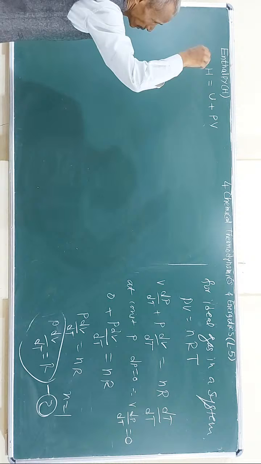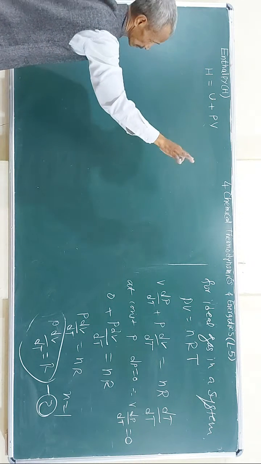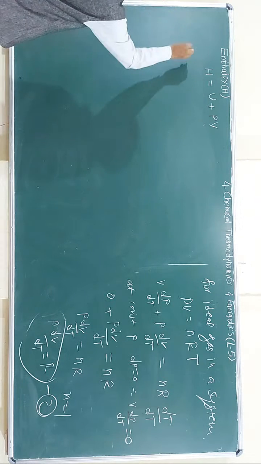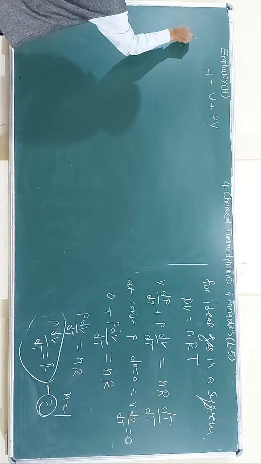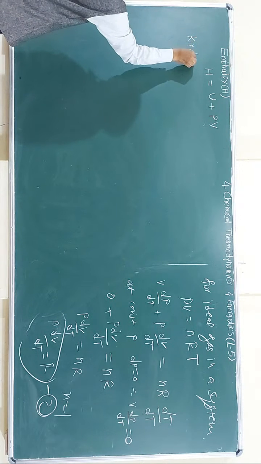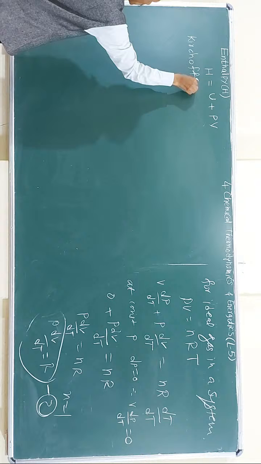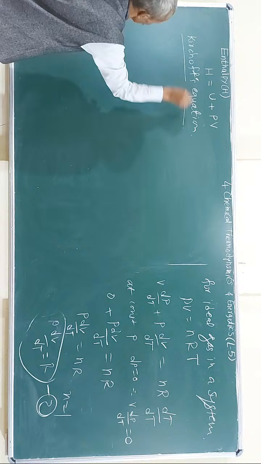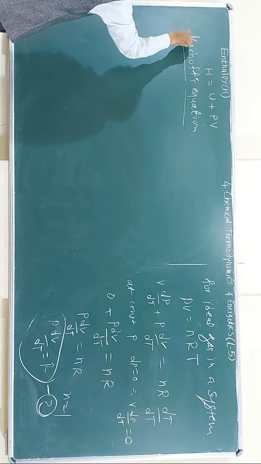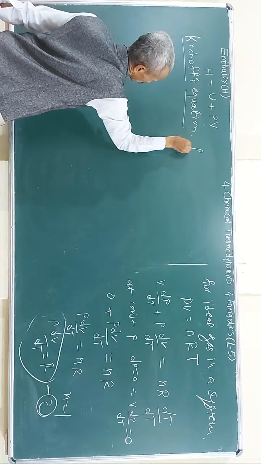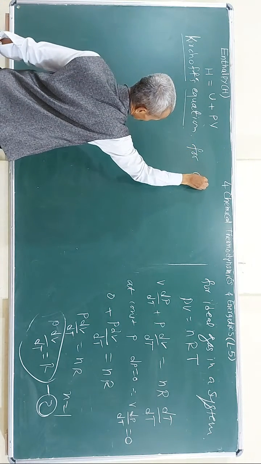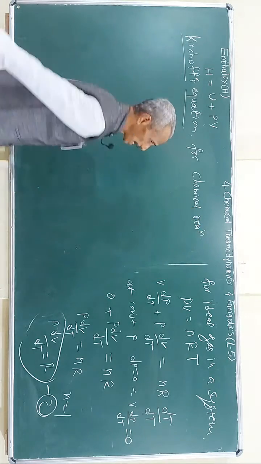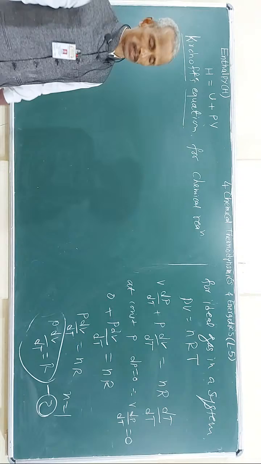It may be an ideal gas or a real gas; the equation can be applied here. We are going to study Kirchhoff's equation for a chemical reaction which can take place at two temperatures.